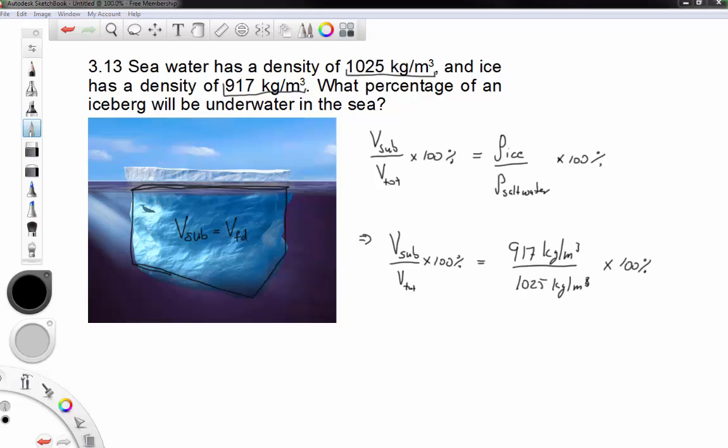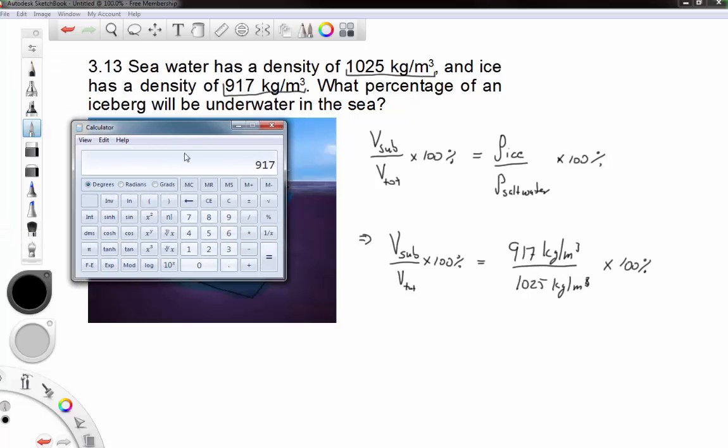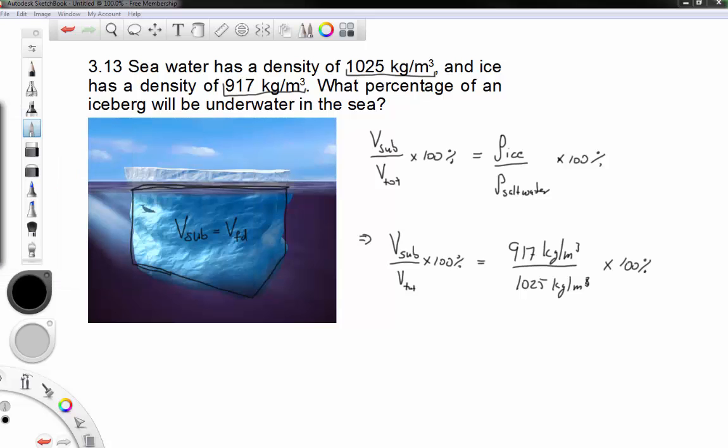So out comes the calculator. So 917 divided by 1025 gives you 0.894, and then that times 100 should give you 89.4. So 89.46% is submerged. So this is roughly 89.46%.